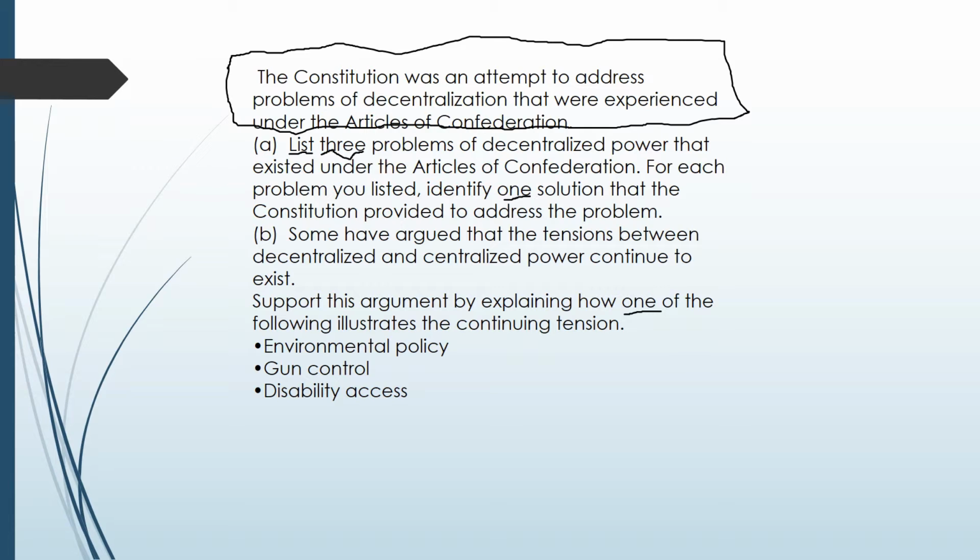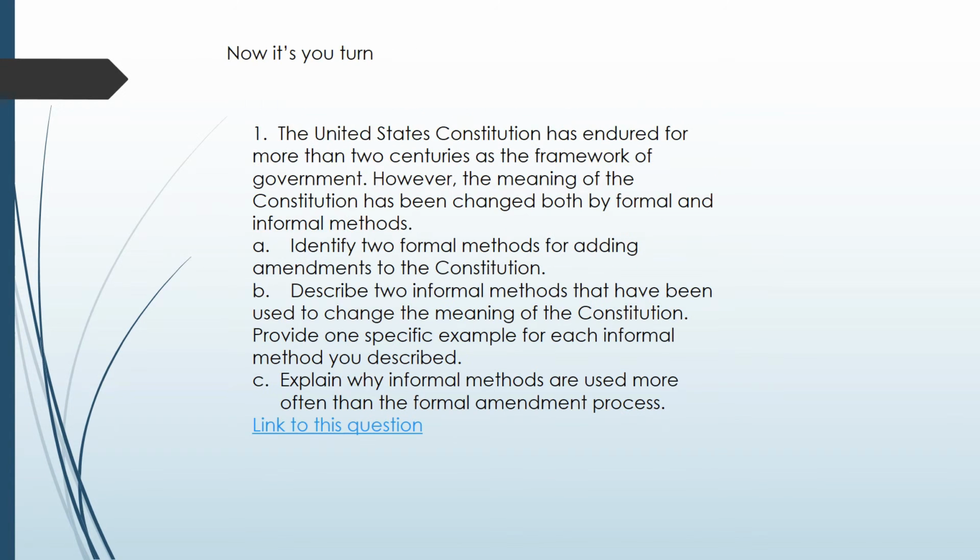In terms of gun control, as you know, that's a big argument now: who should control guns? Should it be the federal government, or should it simply be the states? In terms of the Disabilities Act, they're really talking about the unfunded mandate which exists with the Americans with Disabilities Act, which is for states to make public facilities handicap accessible.